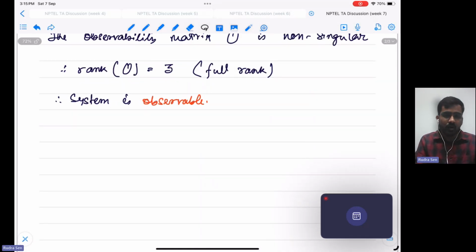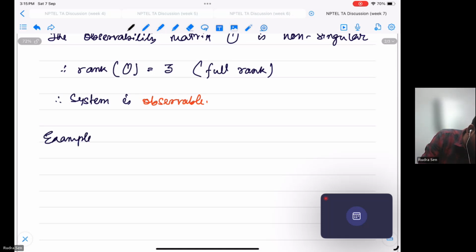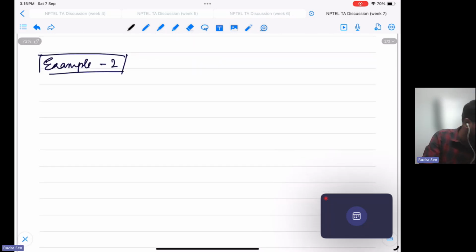So here the system is observable. Now check the next example, example 2, the same observability check. The system is given.